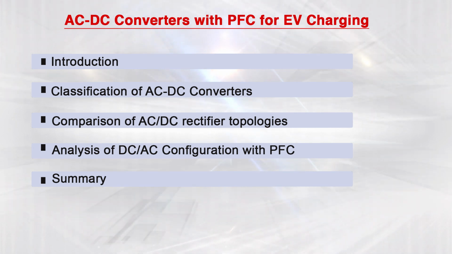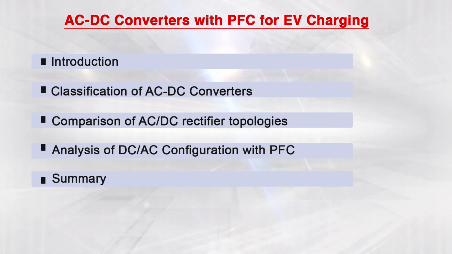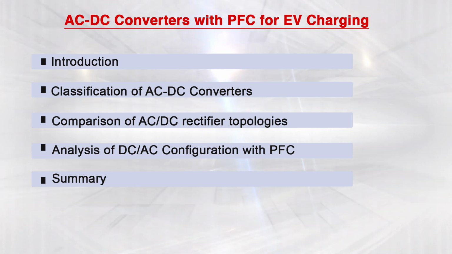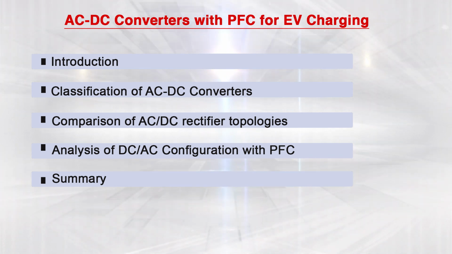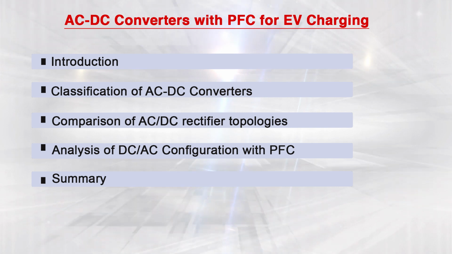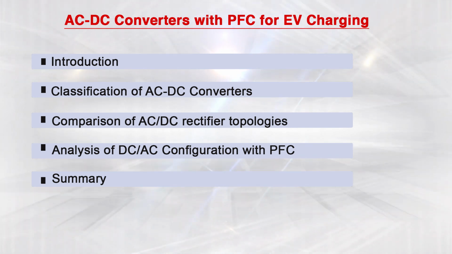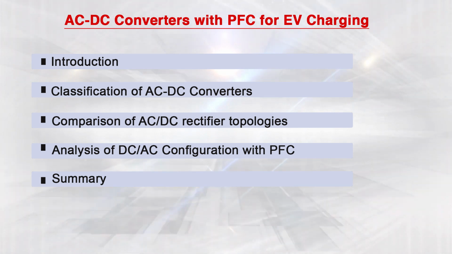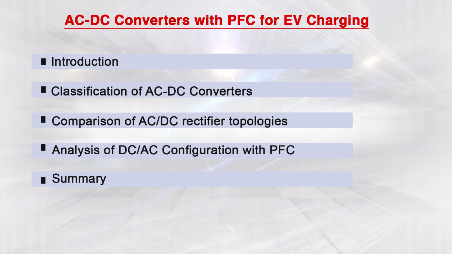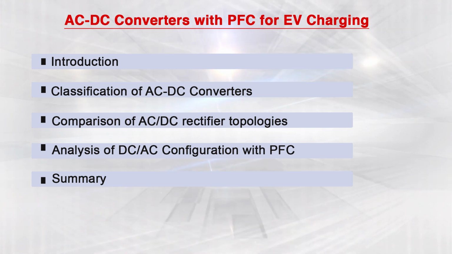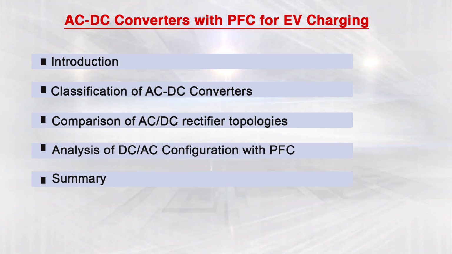Here we will see one topology and try to analyze the ripple current as well as other parameters which will be estimated for that particular topology, and last we will discuss the summary of the lecture.